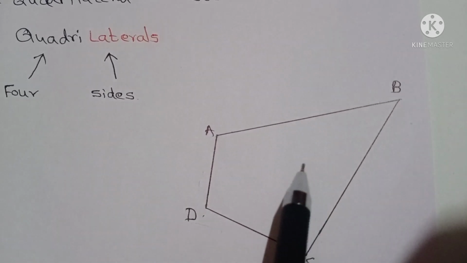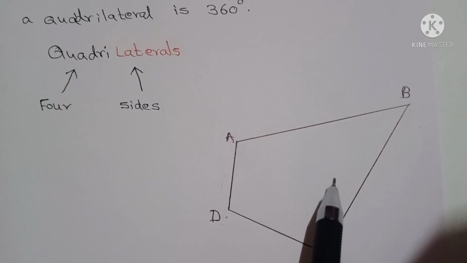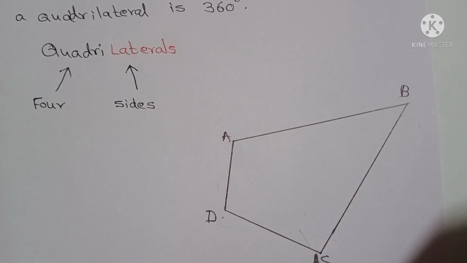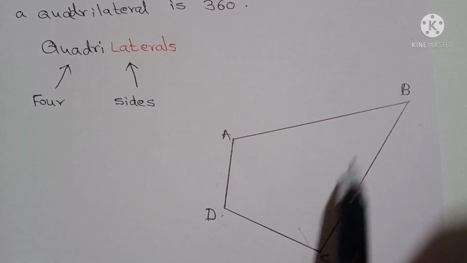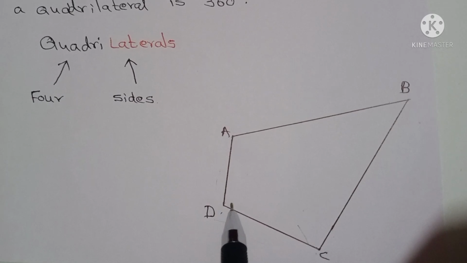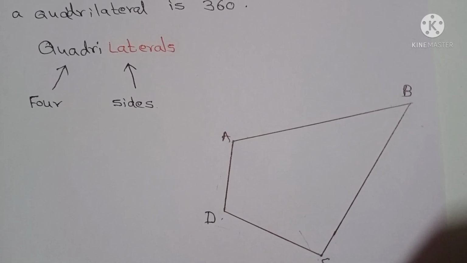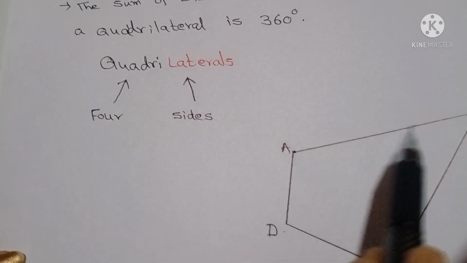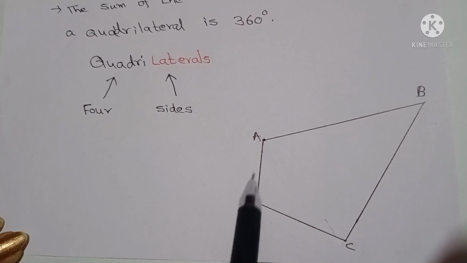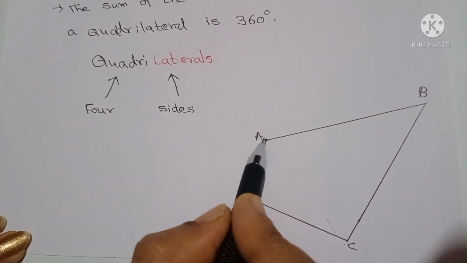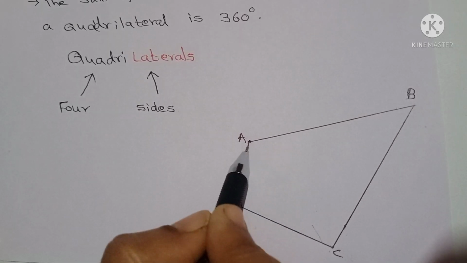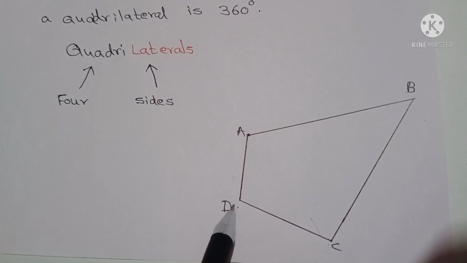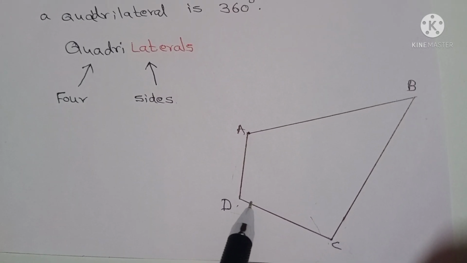The sum of 4 angles is equal to 360 degrees. This is a diagonal. AC and BD are diagonals. Point A, point B, point C, point D are all vertices of the quadrilateral. 4 vertices are corners.